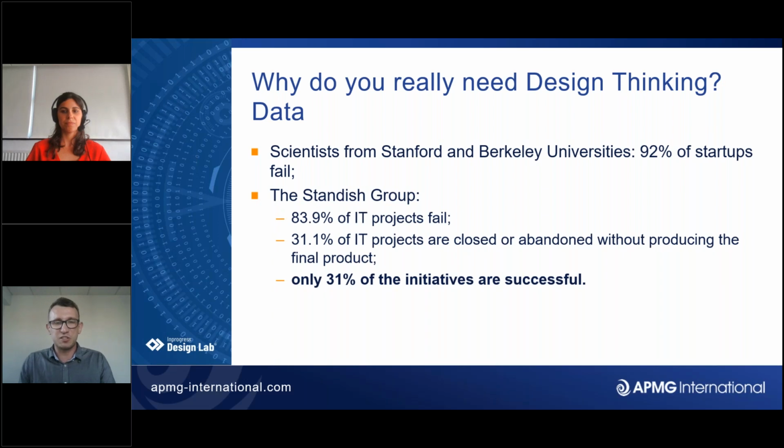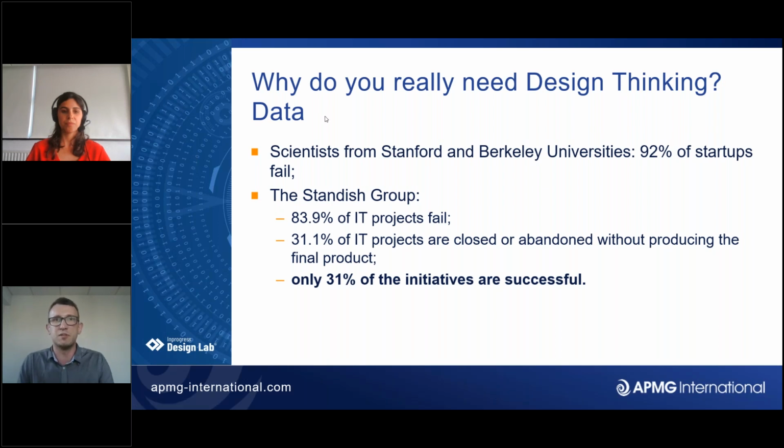The second thing is the result of the Standish Group research. Only 31% of all initiatives are successful, so they achieve their goals in time and in budget. And a great part of IT projects fail, almost 84%. 31% of those projects don't develop the final product at all.